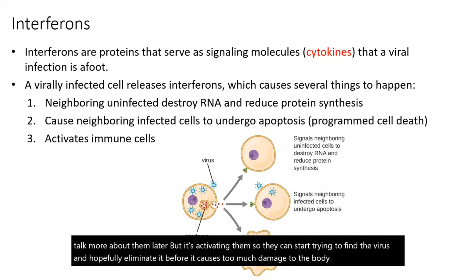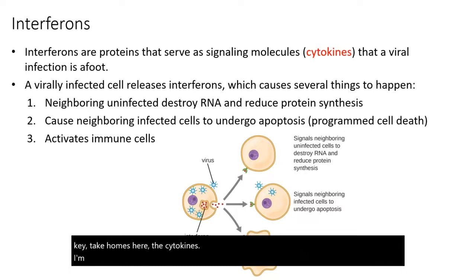Okay? So again, big key take homes here. The interferons are a type of cytokines produced from a virally infected cell to warn uninfected cells that they need to be prepared.